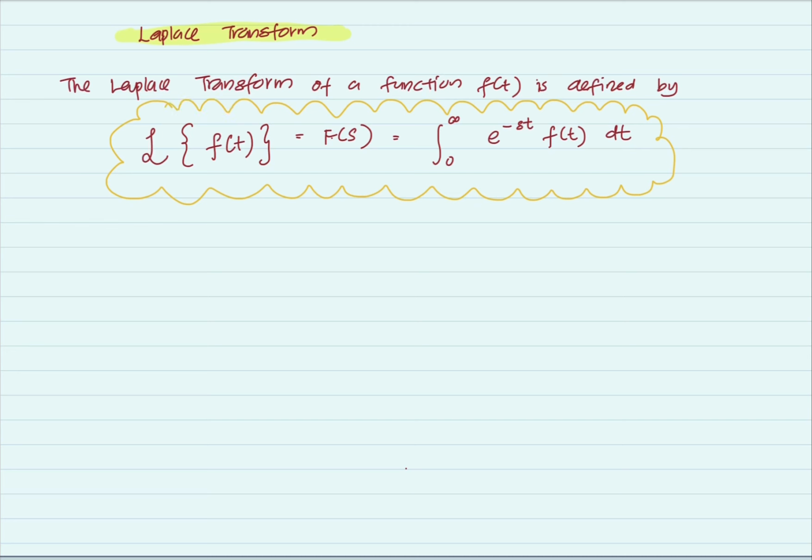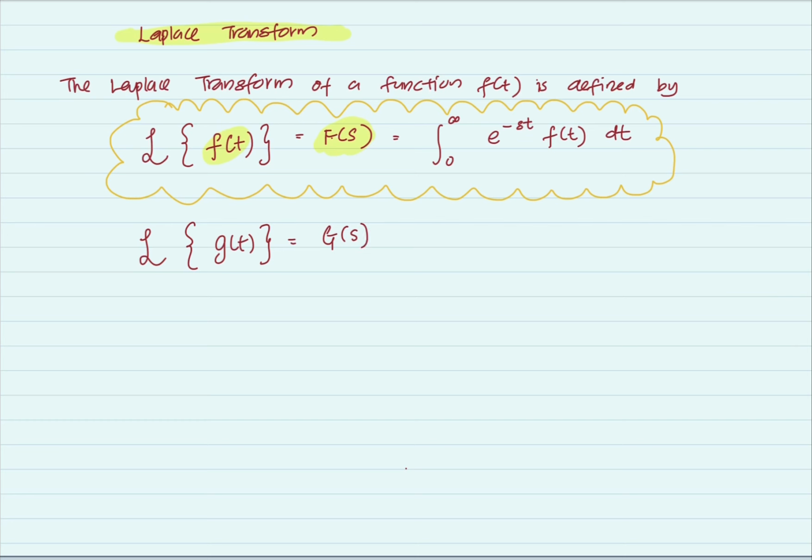So if we take the Laplace transform of the small letter f, we will obtain the capital F. Some books will use the notation like the Laplace transform of g(t), so we will obtain G(s).